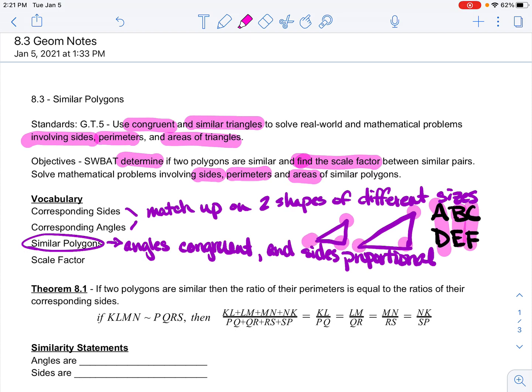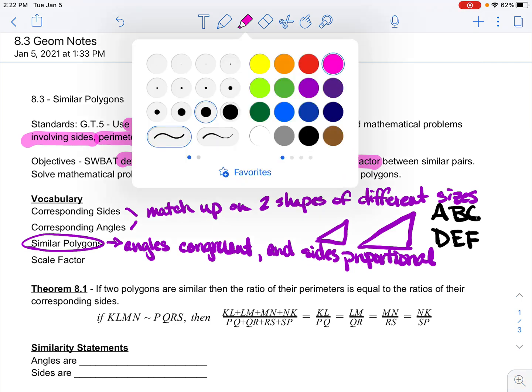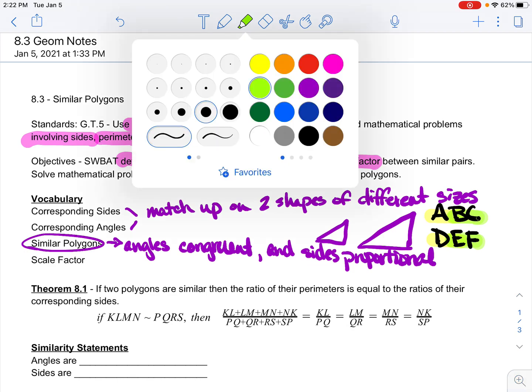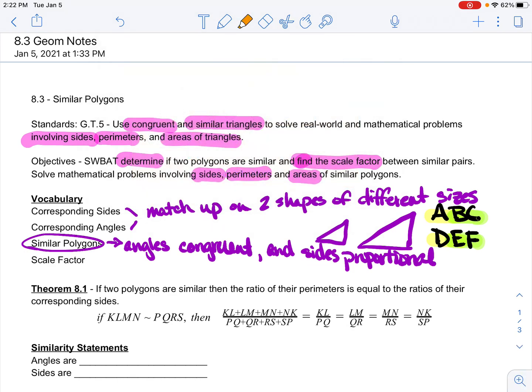But you can also see that the sides, from the titles, not from images, AB is going to match up with DE, and BC is going to match up with EF, because of the position of their names. And so CA is going to match up with FD. Interesting, huh?